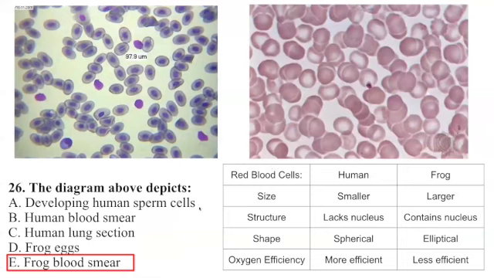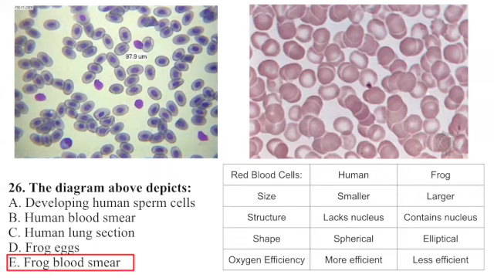26, the diagram above depicts developing human sperm cells. We could probably knock that off because of the fact that you would see flagella, right, on a human sperm cell image.